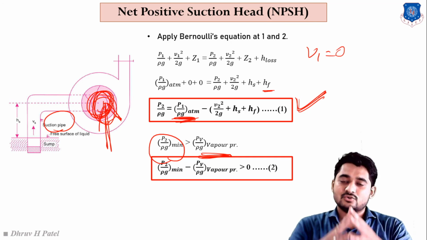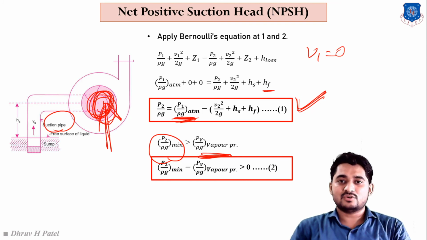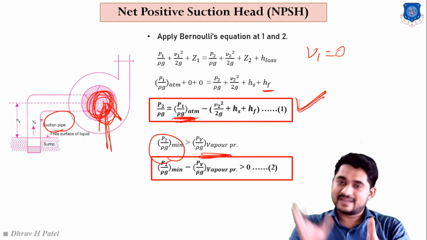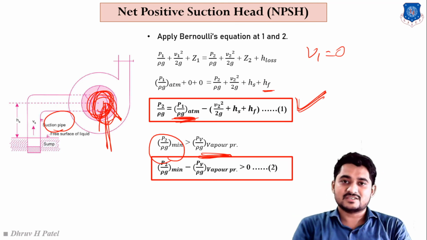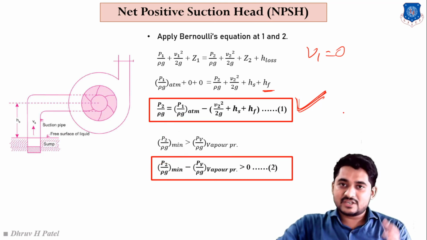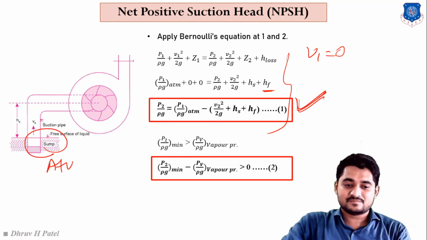That is known as net positive suction head, the minimum head required for the working of the centrifugal pump, that is less than atmosphere pressure and higher than vapor pressure. So one simple question is why the pressure is always less than atmosphere pressure? We can understand it by derivation also, but simply, this is atmosphere pressure.